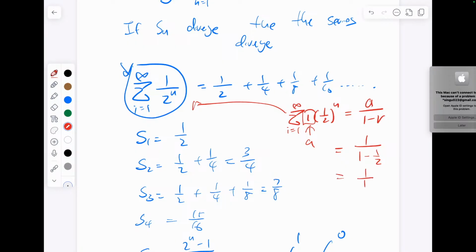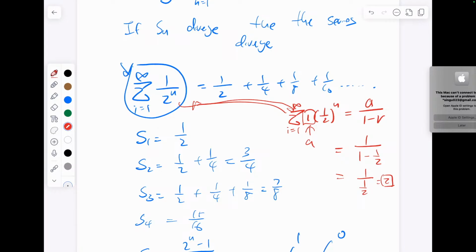So it'd be 1 minus 1/2, which is 1/2, so the sum is 2 for this series. How did we get 1 times 1/2 at the end? Because R is 1/2. So I rewrite this series this way. It has an A value and an R value. Make sure you have an A value and R value, okay?